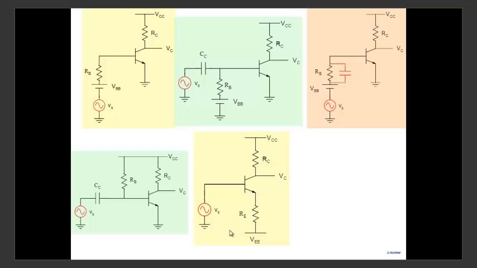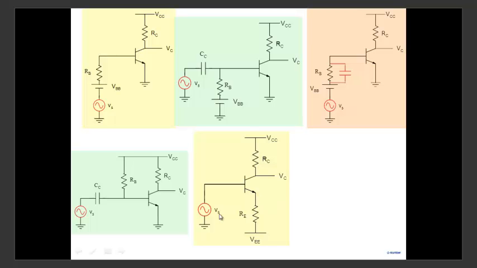Let's say the signal is not there, so this is ground, and you'll have to use a negative voltage here. So you have a negative voltage, RE, and if you write a KVL in this loop, you'll find biasing is fine. You can use a suitable value of VEE and a resistor R, and you can bias it at whatever current, whatever voltage you want. So biasing is not a problem. Where is the issue?